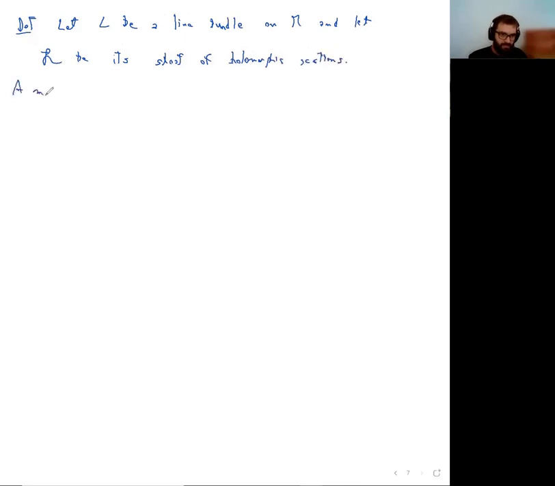And now we simply say that a meromorphic section of L is an element of H0(M, meromorphic on M) tensor over holomorphic on M, L. Okay. Which is kind of the same as saying things which are locally meromorphic, but it looks a bit more fancy.